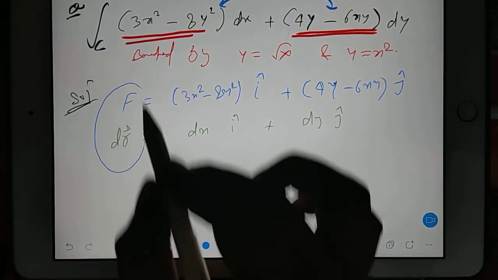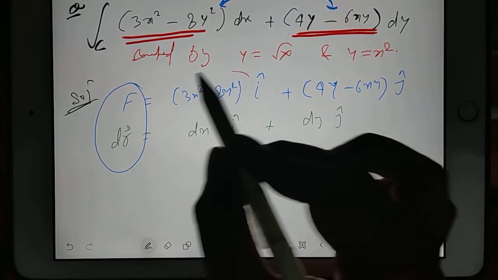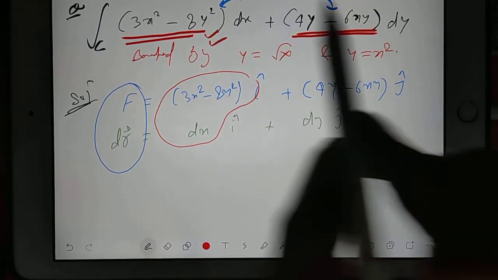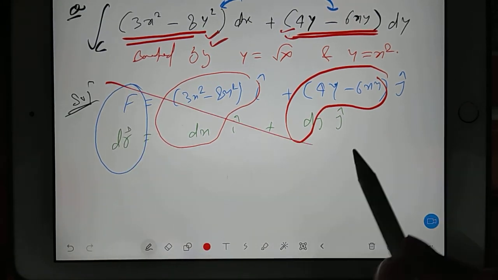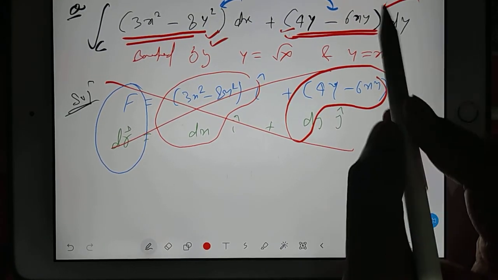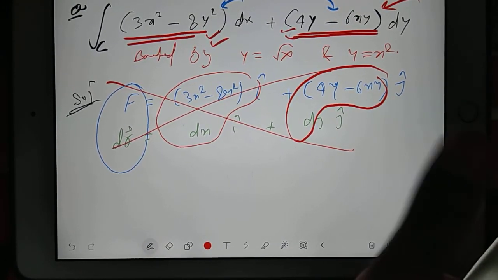When you do the dot product of both, these terms come together like this. But my point is, here we don't have to bother about how this equation comes.